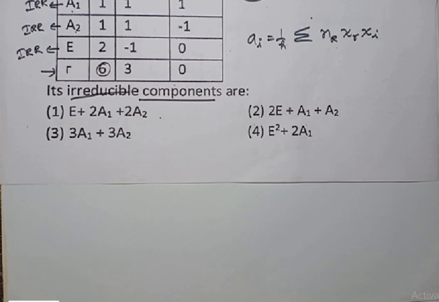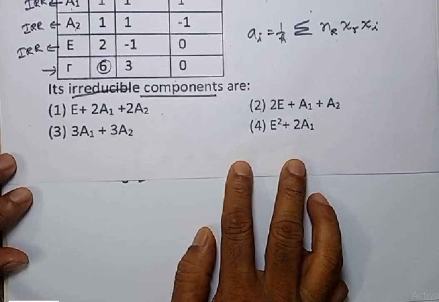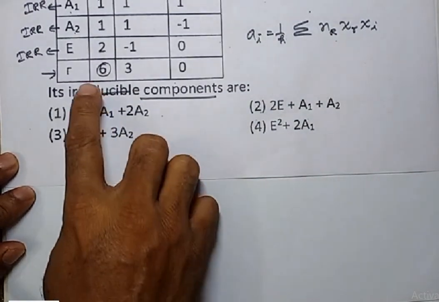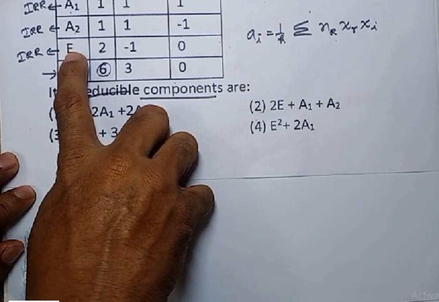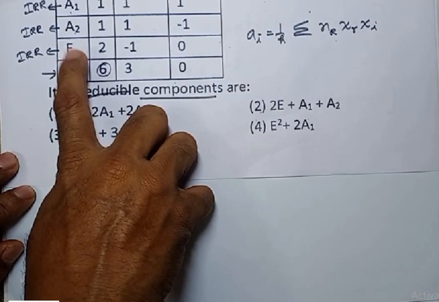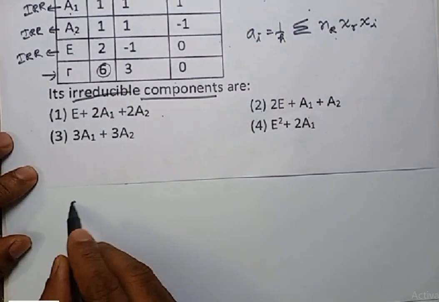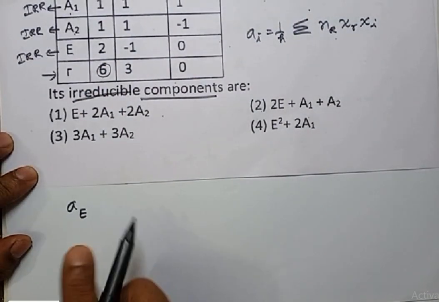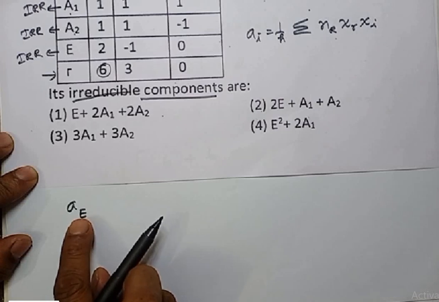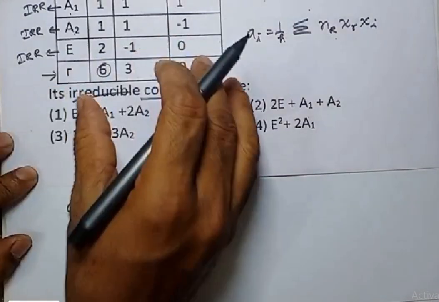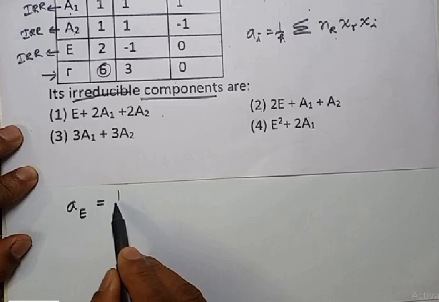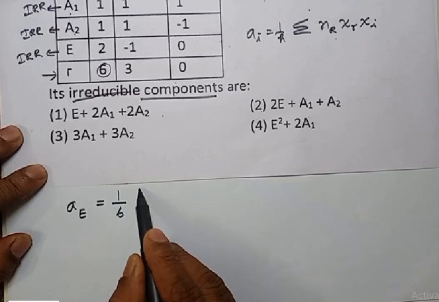So far we found A1 and A2. Now I'm going to find out how many times the E irreducible representation is present in the reducible representation. Use the same methodology. 1 by the order of the group, 6.